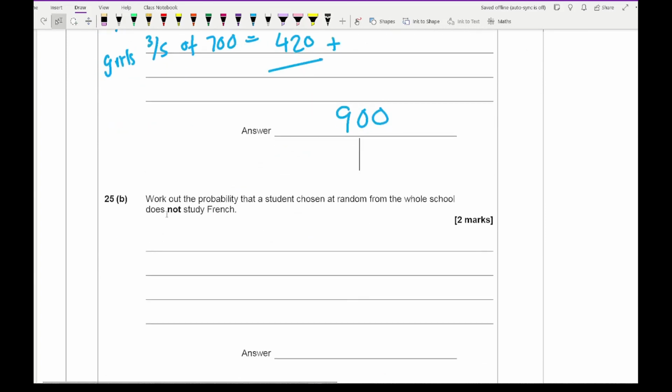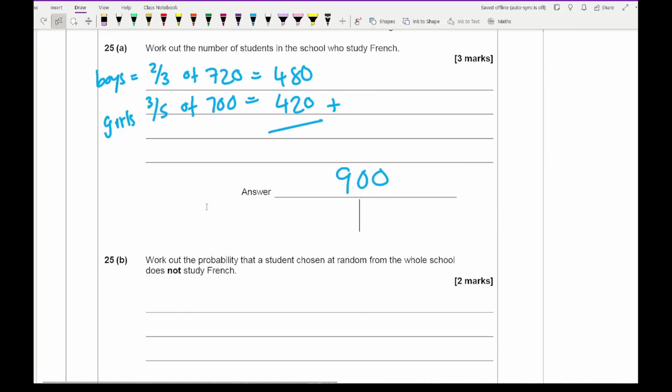Then for question B, it says work out the probability that a student chosen at random from the whole school does not study French. Well, the total number of students at the school is going to equal 720 plus 700, which is 1420.